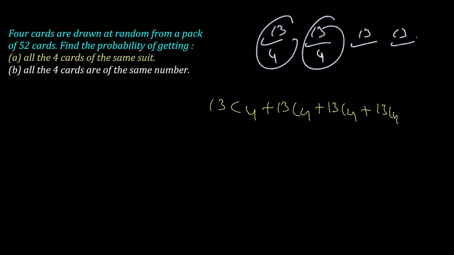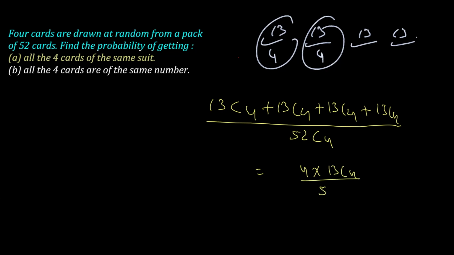We'll call this favorable outcomes, and the total outcomes will be, as we know, taking out 4 cards from 52, so it should be 52C4. We can simplify it further and write 4 multiplied by 13C4 over 52C4. That's how we'll do the first part.